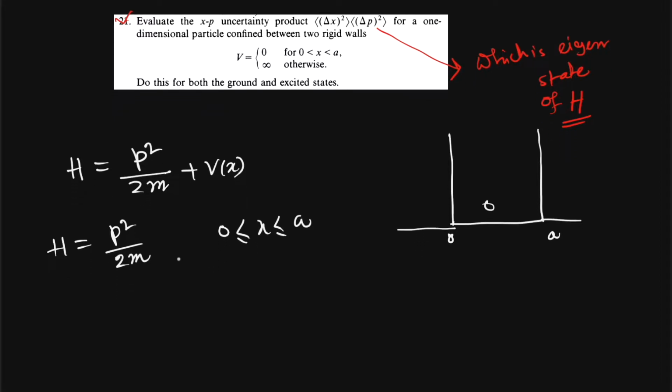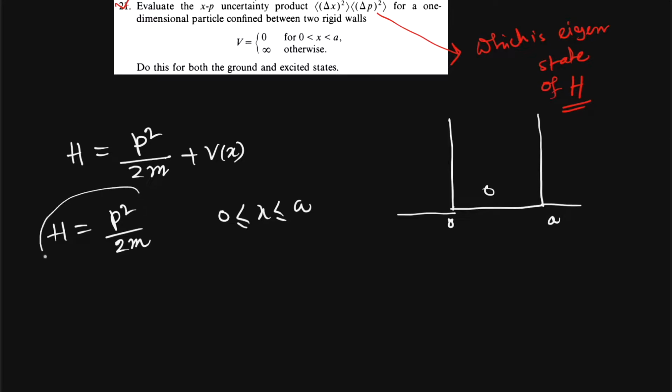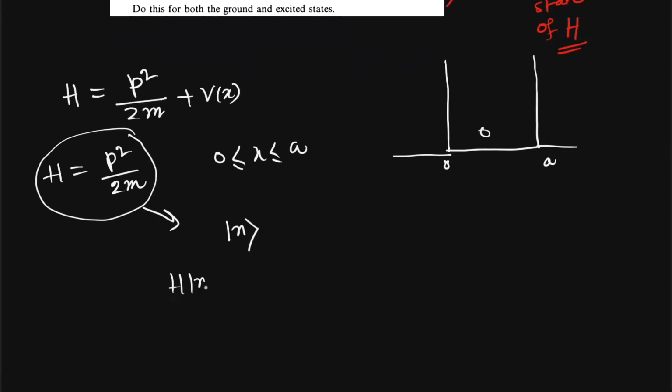Now we have to calculate the eigenkets of the Hamiltonian. So suppose that |n⟩ is an eigenket of this Hamiltonian operator. That means H|n⟩ should be some En|n⟩.